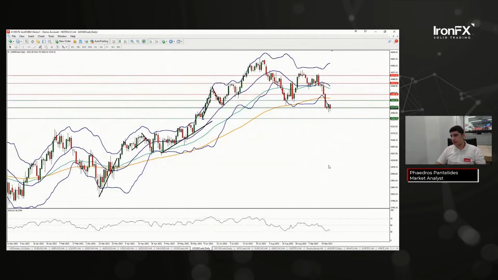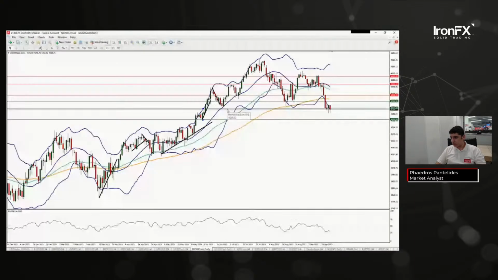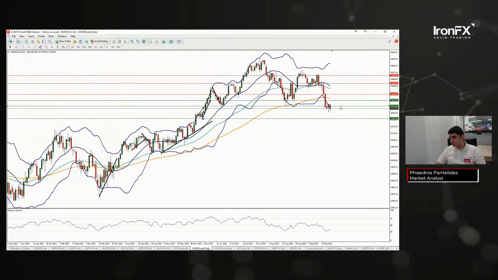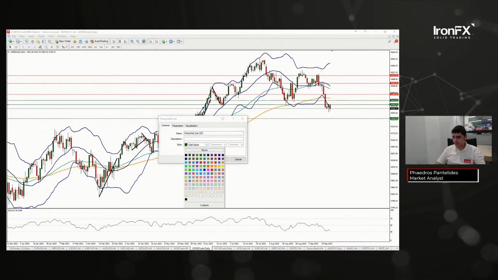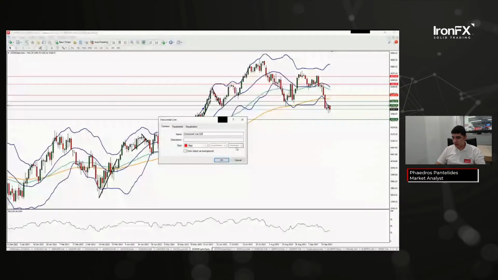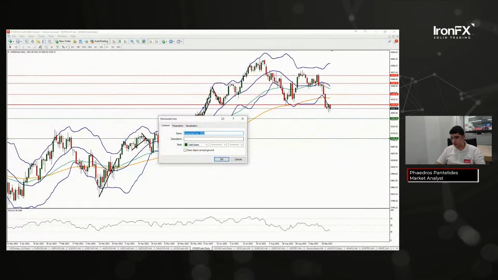But if we look at it from a daily perspective, still bearish outlook. Simply need to readjust R1. Just make these lines slightly bigger so that they're easier to see. And then swing low for S2.